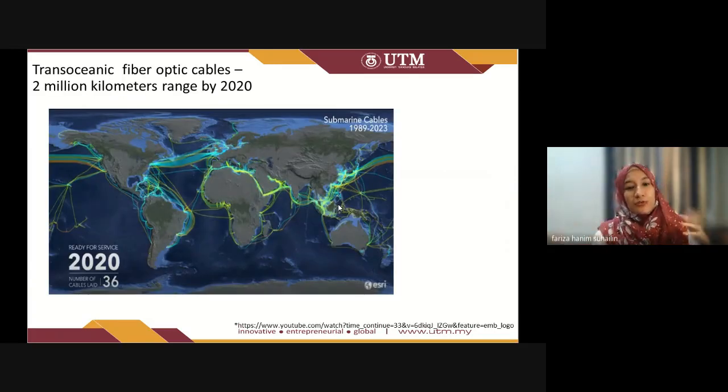Of course, if we look back at the 1980s, the first purpose of the development of optical fibers, we come to the knowledge that it was for supporting our telecommunication systems. Back then up until now, into 2020 itself, we have 2 million kilometers of optical fibers laid down in transoceanic fiber optic cables to connect us in fiber-based telecommunication globally.